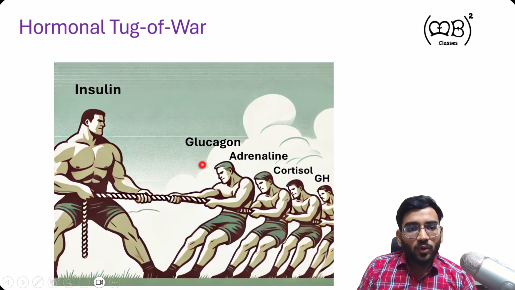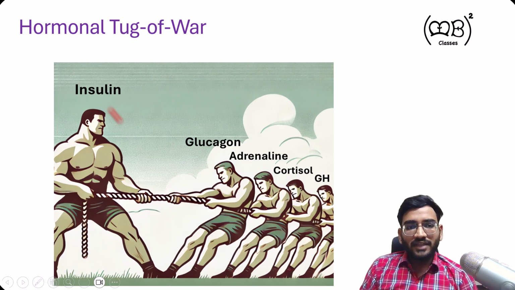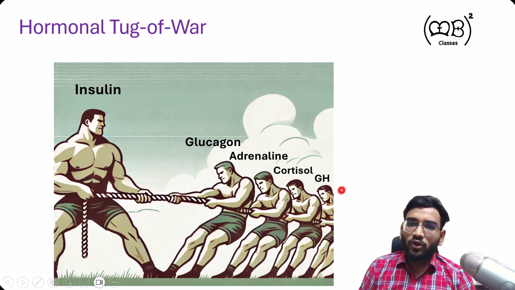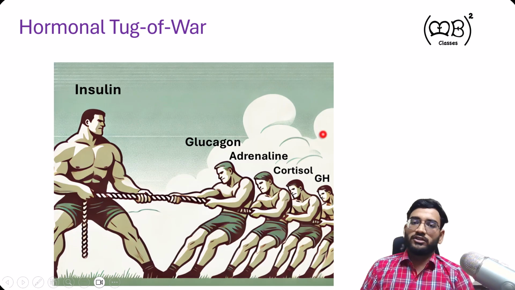Okay. So what is the hormone control? Mainly, insulin acts opposite to all the other hormones. Glucagon, adrenaline, cortisol and growth hormone are known as counter-regulatory hormones because they counter the effect of insulin. Insulin will try to decrease the level of glucose, and all the other hormones will try to increase the level of glucose in the body.